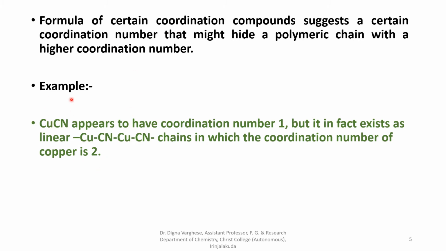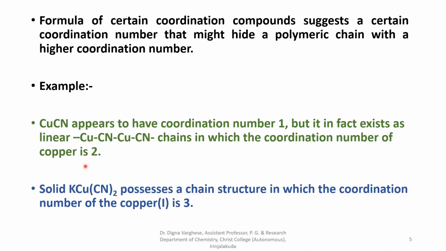So the formula suggests only coordination number 1, but it exists as CuCN chains, so in this compound the coordination number of copper is 2. Solid KCu(CN)2 possesses a chain structure in which the coordination number of copper(I) is 3.